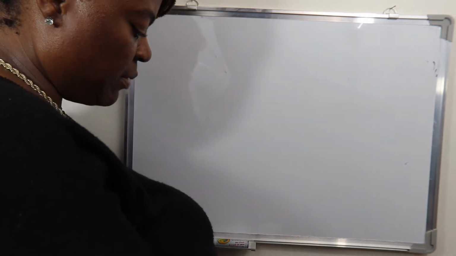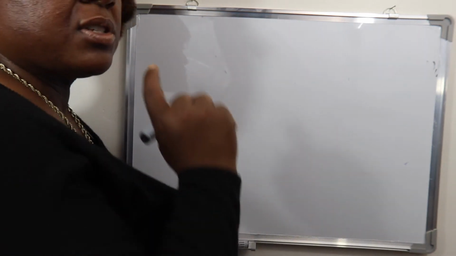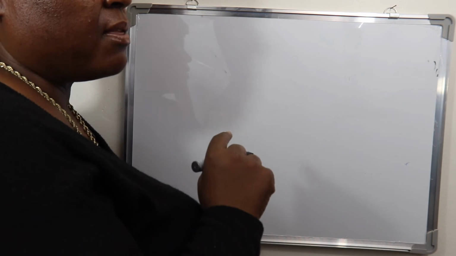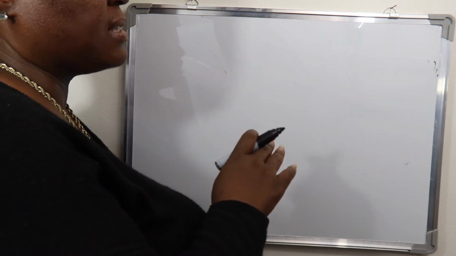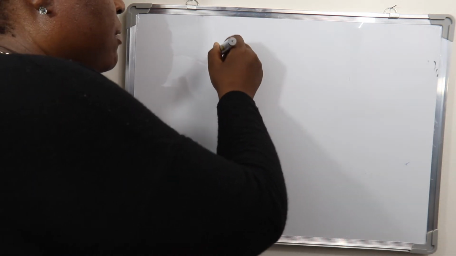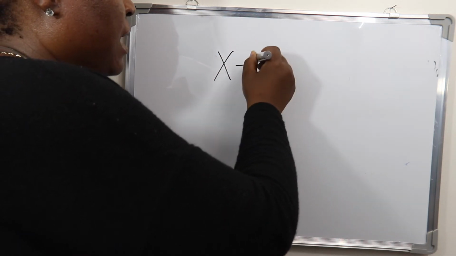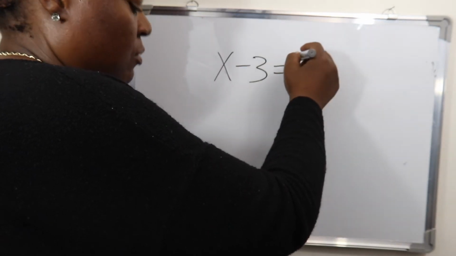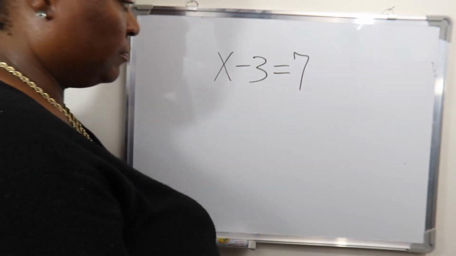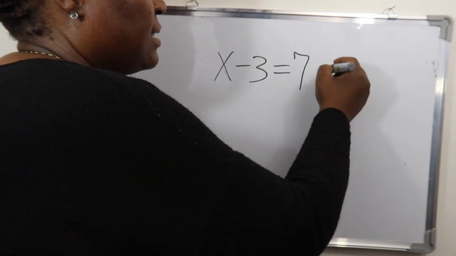So our next problem, same numbers, however, they'll be different integers, or let's say instead of a positive, it'll be negative. So now we have x minus 3, or x less than 3, equals 7. Same thing, we want to isolate variable.